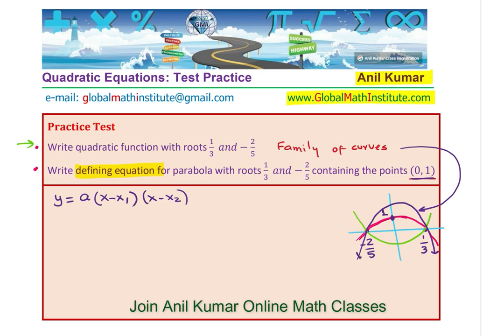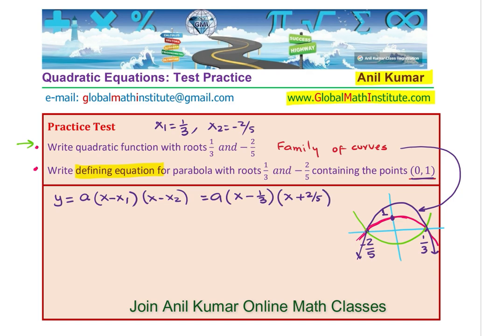Now in our case, we are given x1 as 1 over 3 and x2 as minus 2 over 5. So you could use the fractions, correct? But you see, I could write here a times x minus 1 over 3, and I could also write x minus 2 over 5 as x plus 2 over 5. Make sense?